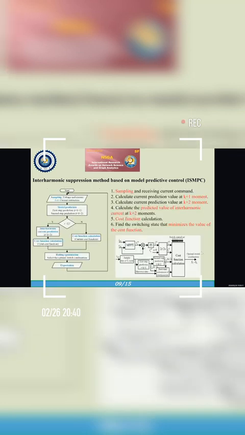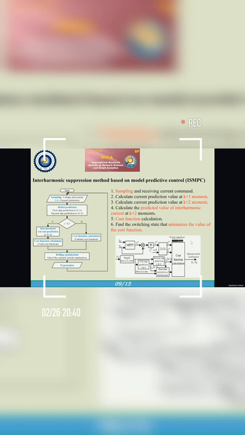As a multiple objective optimization problem, it is very important to design the cost function. So in this paper, we built the cost function to calculate the harmonics. The control block diagram of the control strategy is shown here.